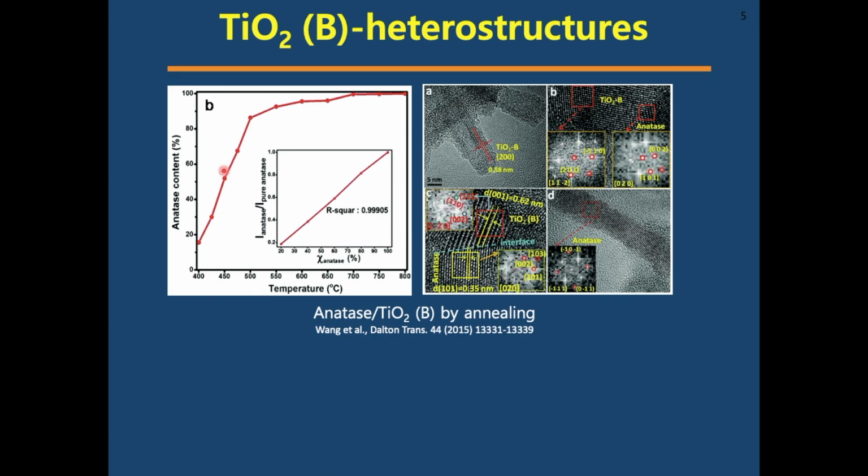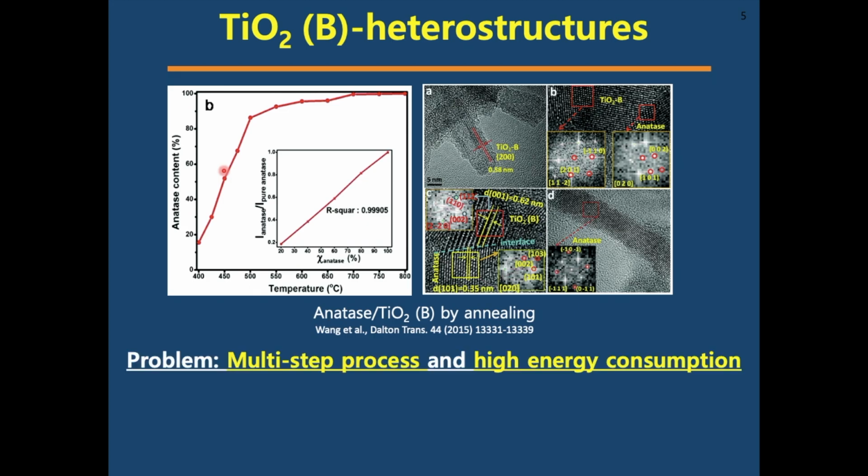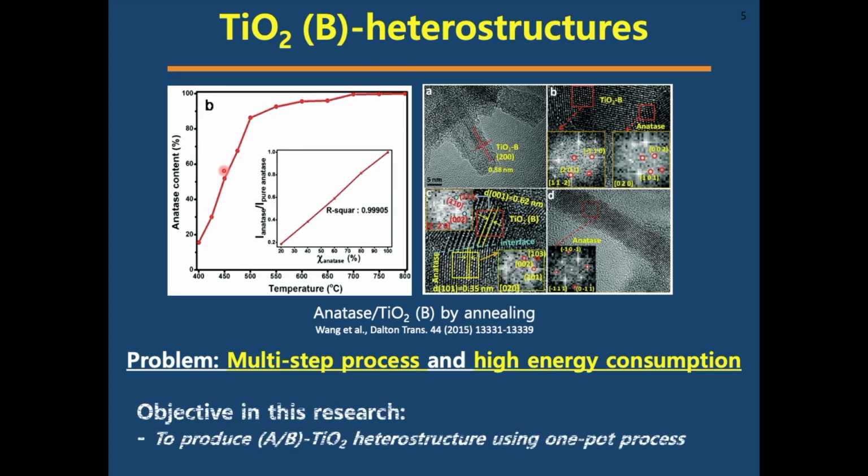Because B phase is not stable, when we anneal at high temperatures, B phase will transform to anatase. Well, the problem is that the multi-step process and high energy consumption by annealing might not be preferred for industry. So the objective of this research is to produce a B phase heterostructure by a one-pot process.